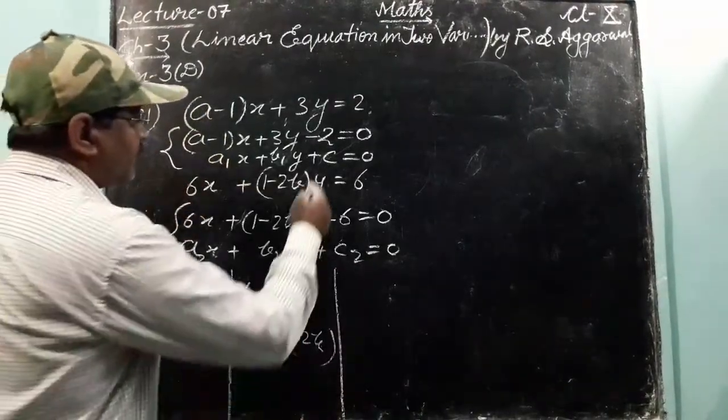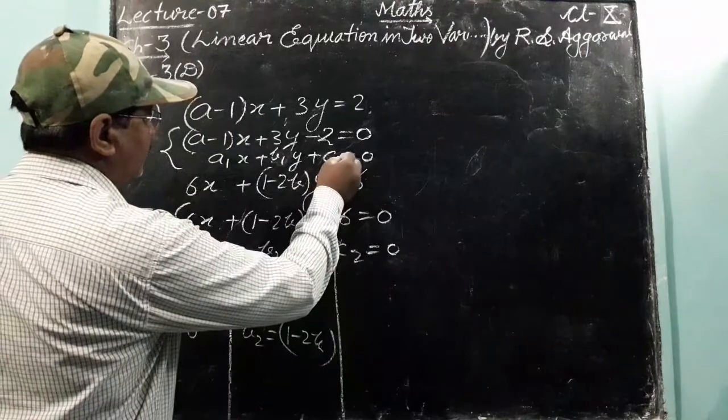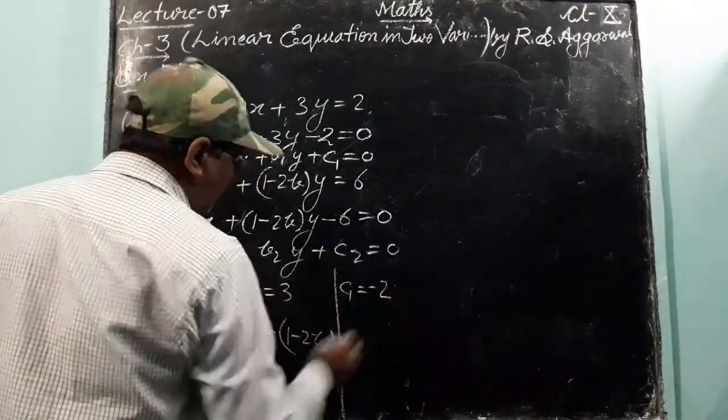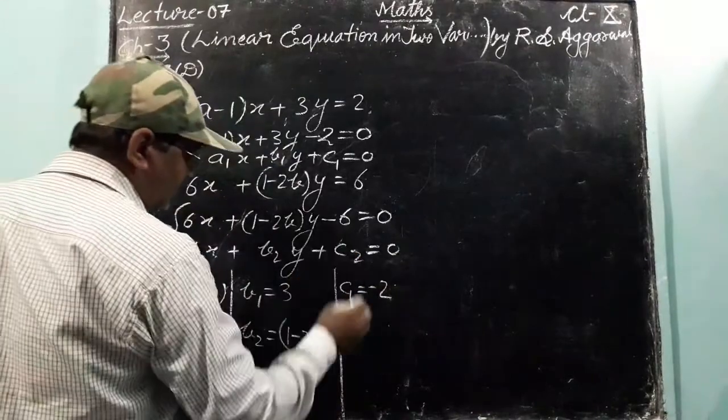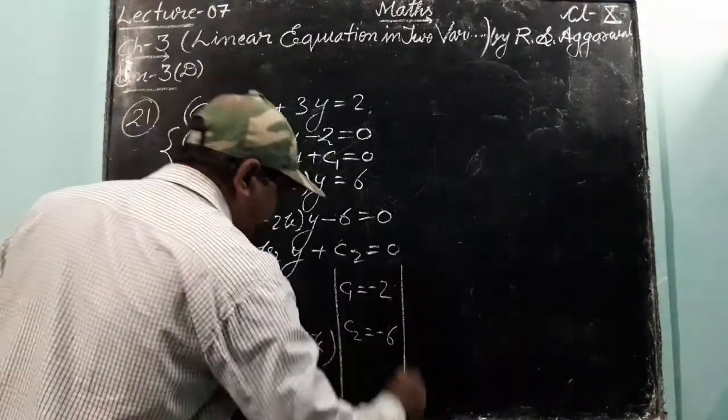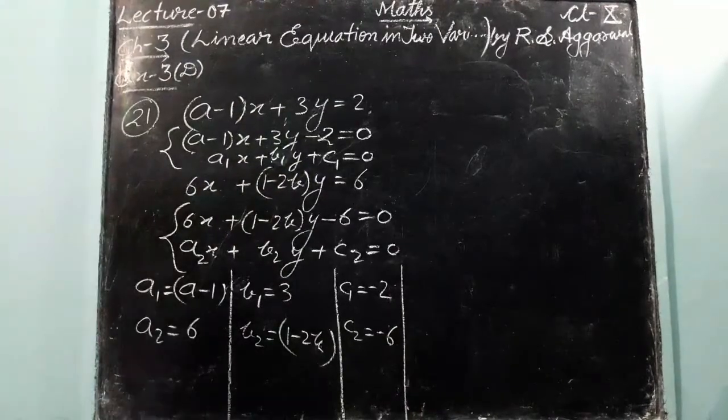Now c1 is equal to minus 2 and c2 is equal to minus 6. Clear students? Same process as you have done earlier in question 15, you have to do it that way.